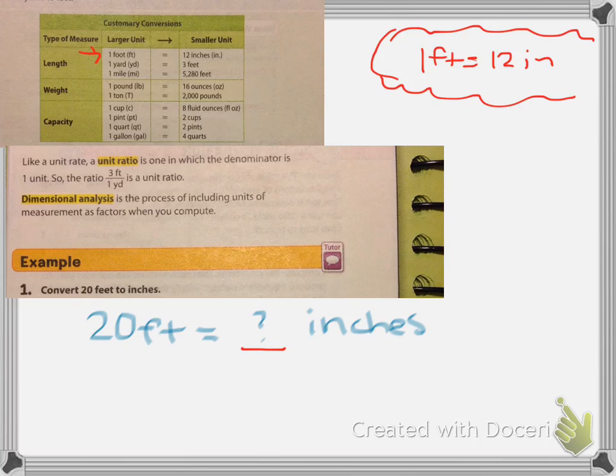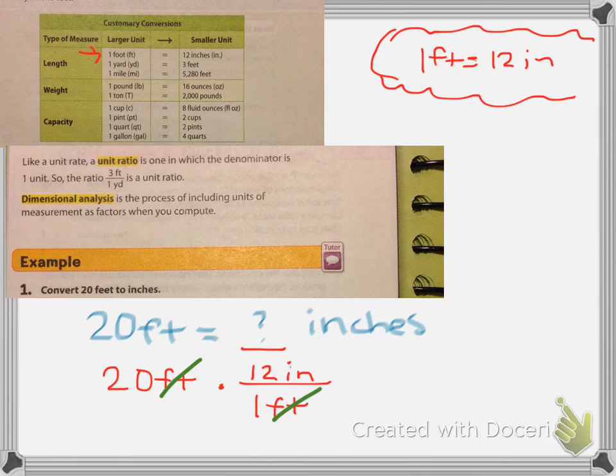And now I'm going to set it up like a fraction problem. I've got 20 feet on top, and I'm going to multiply it by. Now here's the thing. Remember how I said we were going to refer back to cross-simplifying? Notice the conversion unit is 1 foot equals 12 inches. We need to have that 1 foot on the bottom and the 12 inches on the top. The reason we need that is because we're going to cross-simplify the feet.